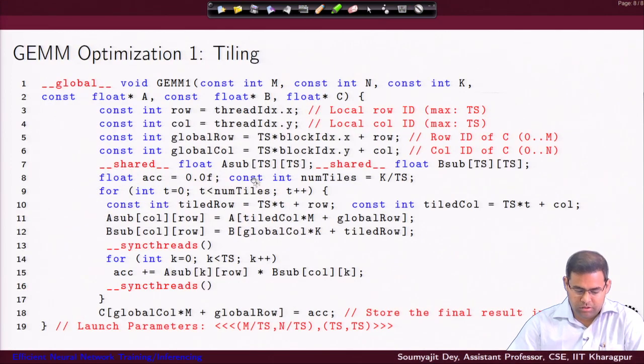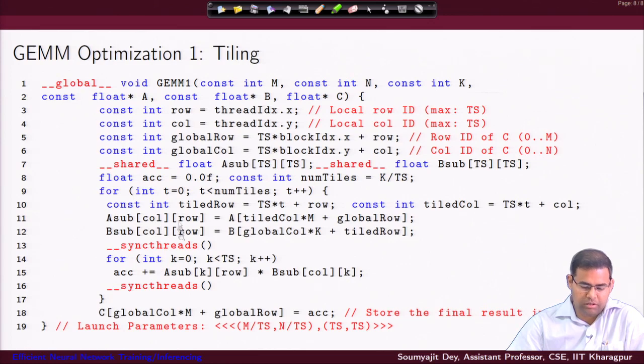If you remember, this is the position where one thread is loading two data points into the shared memories A sub and B sub, right, and it is waiting here for every other thread in the same tile to do the load, and then it is falling into this loop where it is progressing with all the data in that row for A sub and in that column of B sub to do the computation of the partial sum, right.